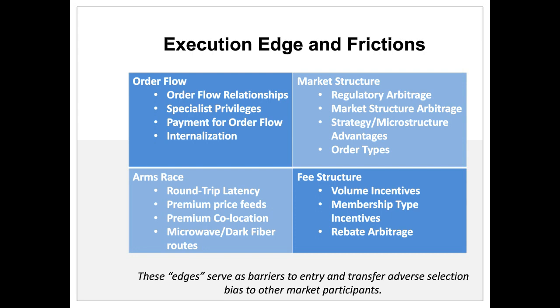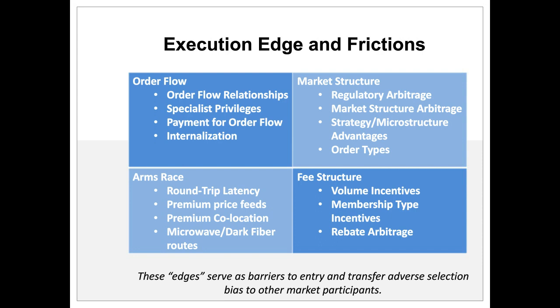These are the places where firms are getting structural advantages and creating barriers to entry, and it is a very difficult business to overcome these areas of structural edge and friction.